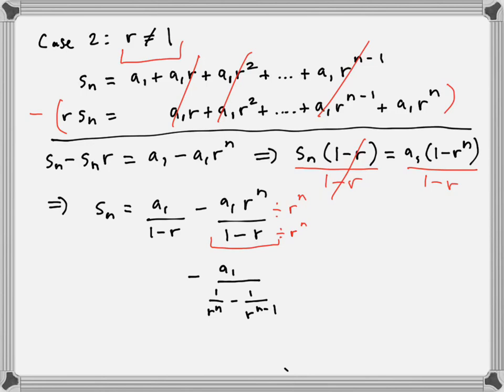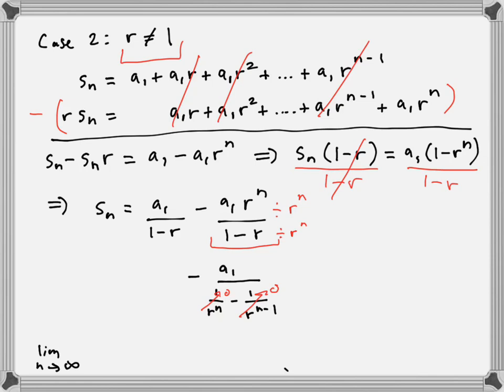So it looks something like this. If we do the limit as n goes to infinity of what this looks like, we have an issue here. This goes to 0 and this goes to 0, so that trick does not work.